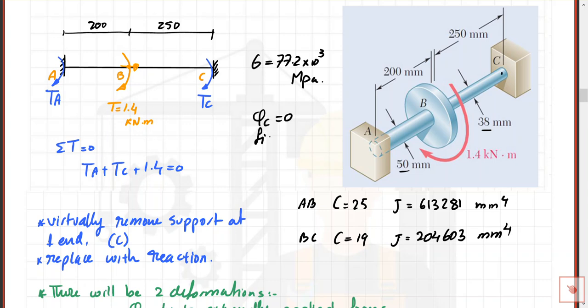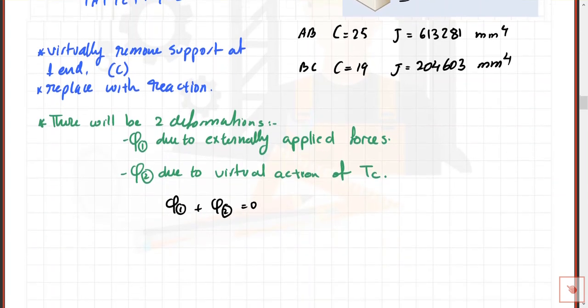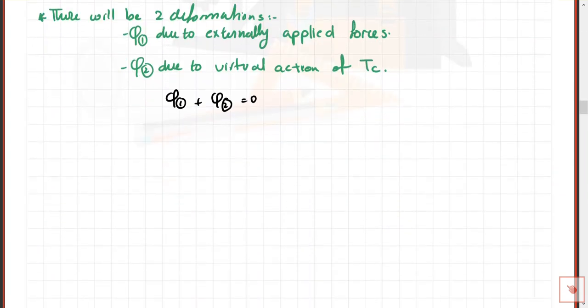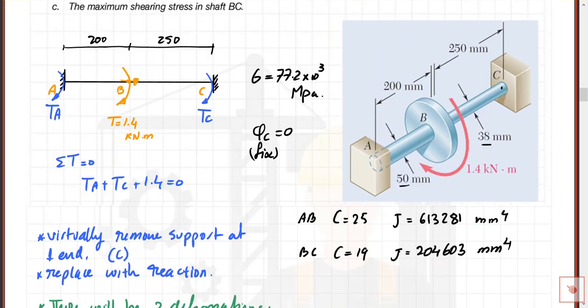But it's as if we are saying that the external torque at B is causing a rotation clockwise, and then the torque at C will try to return it back to its original position where phi total is equal to 0. So here I have two problems: the first under the effect of the external forces, the second under the effect of the reaction TC.